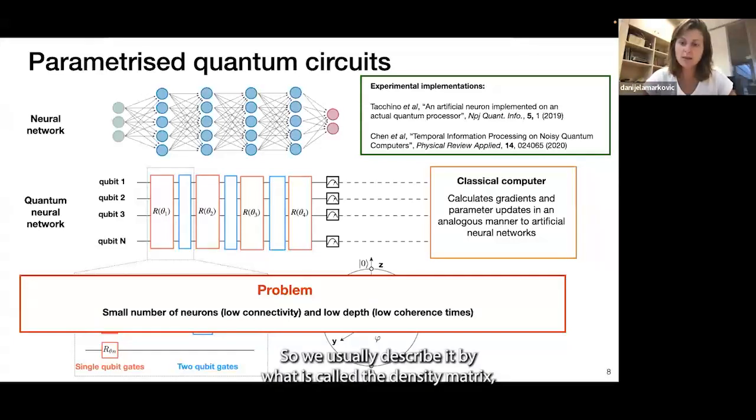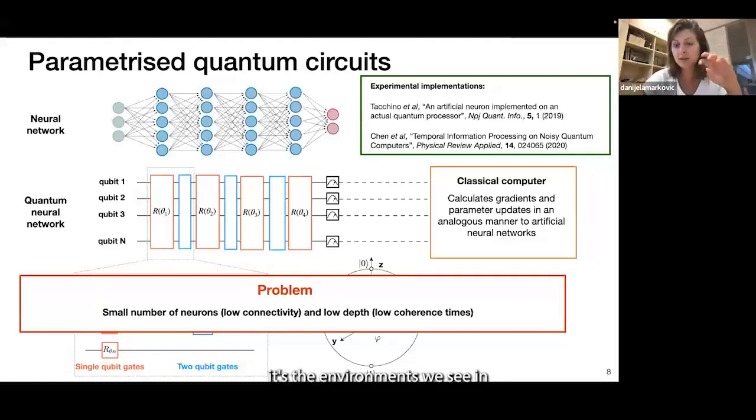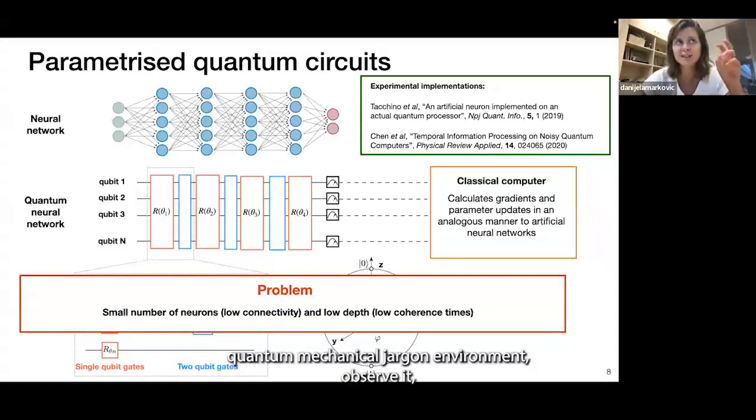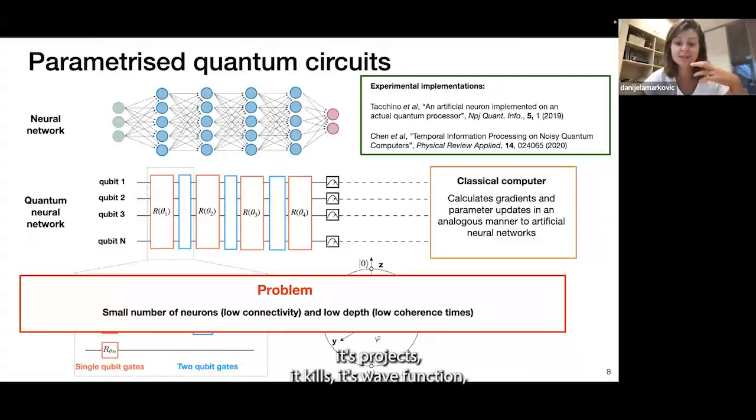We usually describe it by what is called the density matrix, where you have diagonal elements, which are the probabilities for each individual system, but then the off-diagonal elements tell you about correlations between different subcomponents. And these die out with time. As the quantum system interacts with the environment, the environment, in quantum mechanical jargon, observes it, projects it, kills its wave function. The system becomes classical, and all of these coherences disappear.